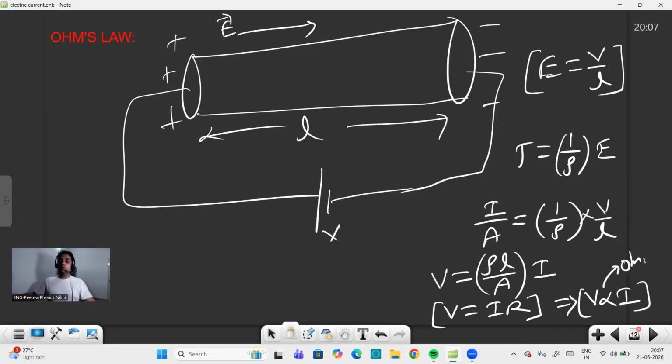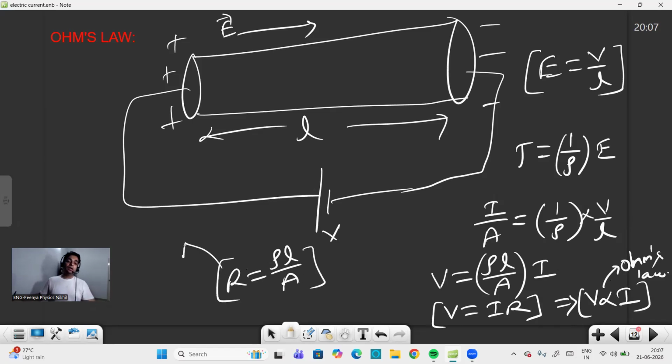And here R is the resistance of the conductor, that is rho into L by A, where rho is the resistivity, L is the length of the conductor, and A is the cross-section area. Resistance of a conductor.